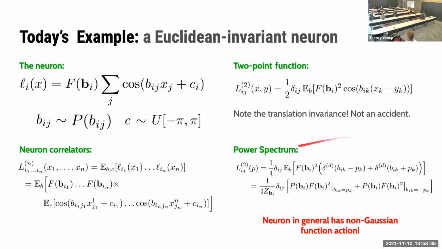I have a large degree of freedom to choose different power spectra according to different functions F and different choices of B distributions. For any given choice of architecture, which requires choosing a P and an F, you would then want to write it in the form of an integral over rho, and it may or may not be something that you like.